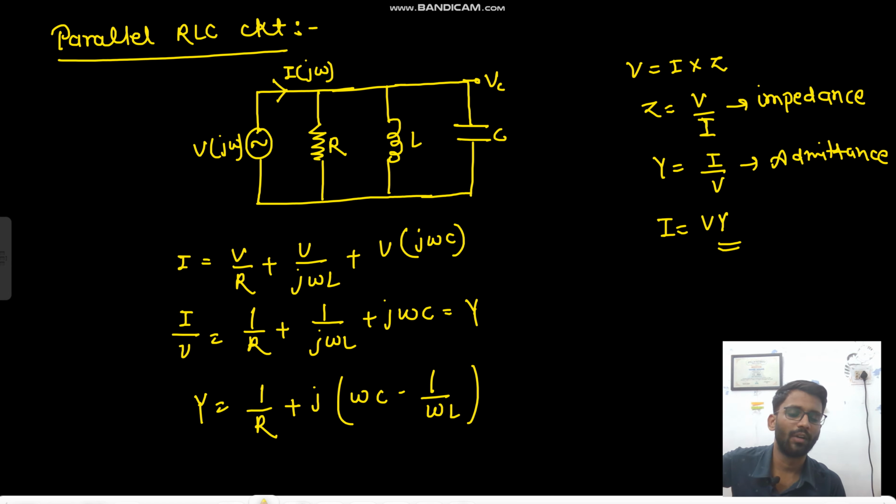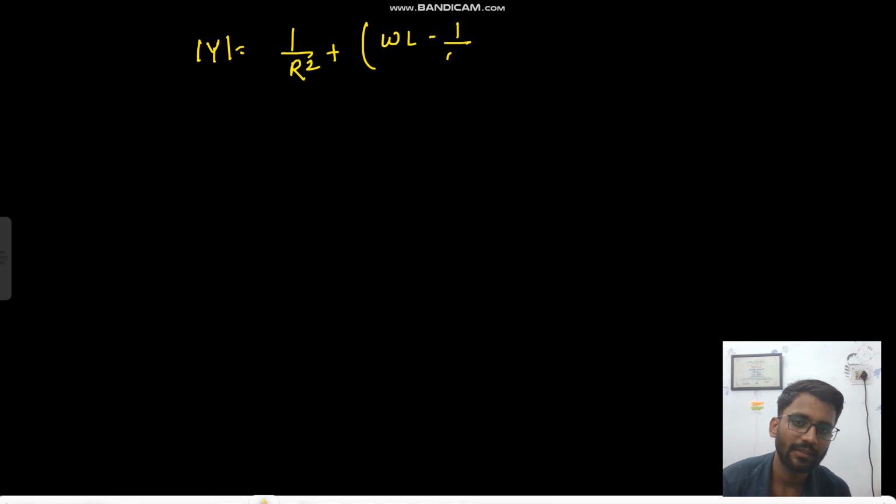This j will go above, so it will be 1 by R plus j (omega C minus 1 by omega L). So what will be the magnitude of Y now? It will be the square root of (1 by R) square plus (omega C minus 1 by omega L) whole square.